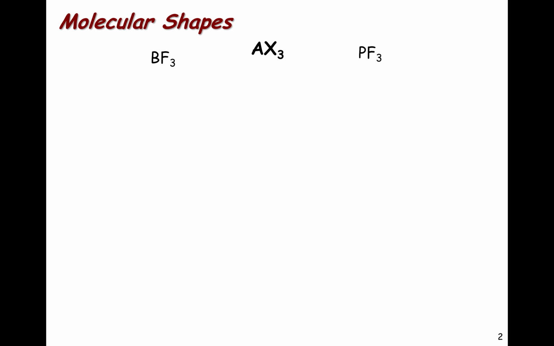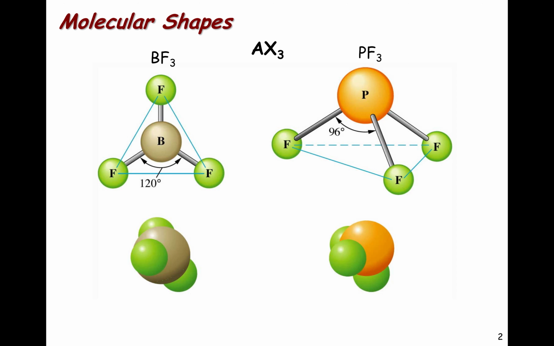One might think that they adopt the same structure because they have the same basic formula in which there's a central atom and three atoms attached to it, but in fact they adopt quite different structures. Boron trifluoride adopts a structure in which the boron is in the middle of an equilateral triangle, essentially forming a bond angle of 120 degrees between the fluorine, the boron, and another fluorine.